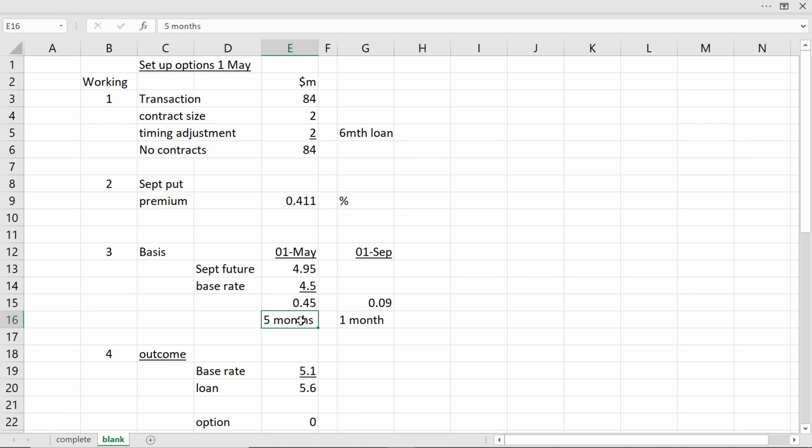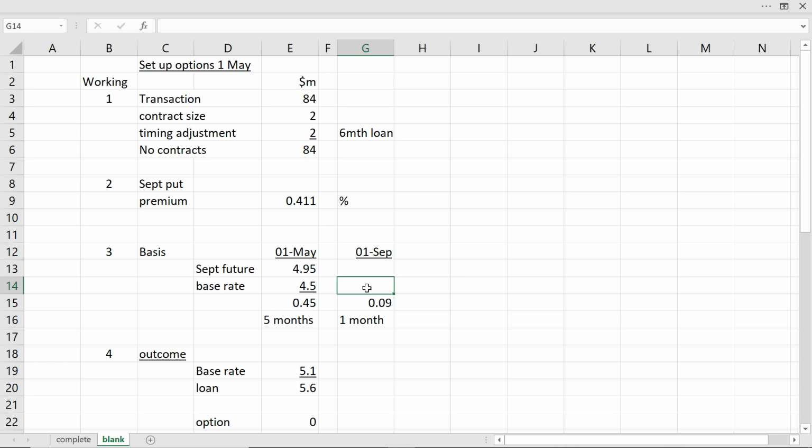That exists because there's 5 months of timing difference between the 1st of May base rate and the end of September, which is when the September future expires. By the 1st of September, only 1 month of timing remains, and so a fifth of the basis should remain.